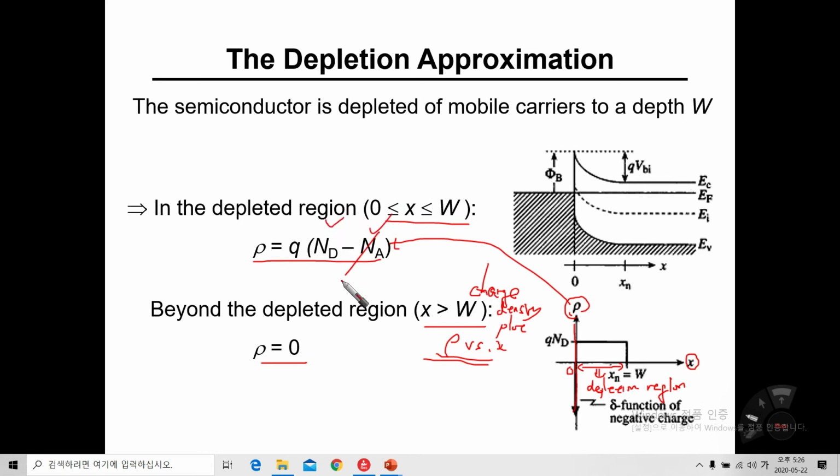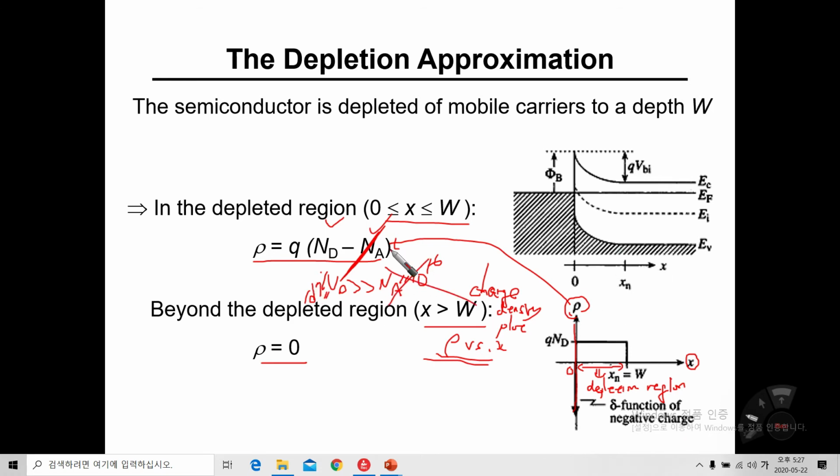Simply speaking, we can ignore Na because this is n-type, so ND must be much higher than Na. In my lecture, I said if ND is much higher than NA, that is identical to saying ND is 10 times higher than NA. Suppose NA is 10 to the 16 and ND is 10 to the 17, then you can ignore this value.